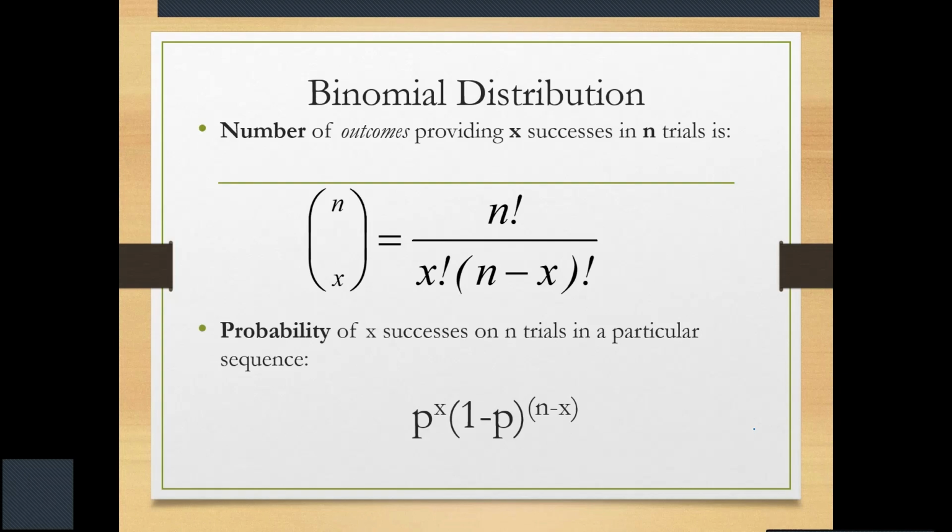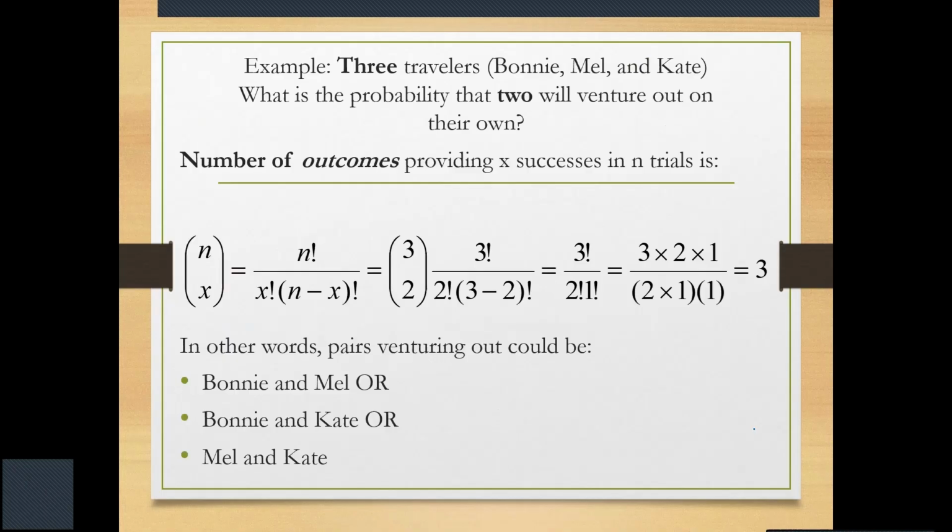So that is the probability of success raised to the x power, so the number you're looking for, times 1 minus p to the n minus x. So notice how the pieces in the first part of the formula fall into the probability part as well.